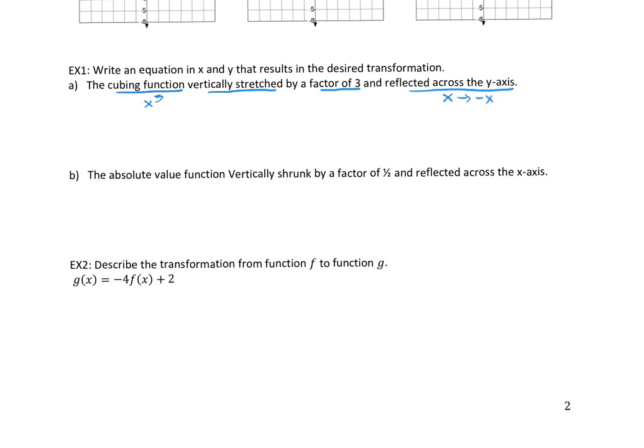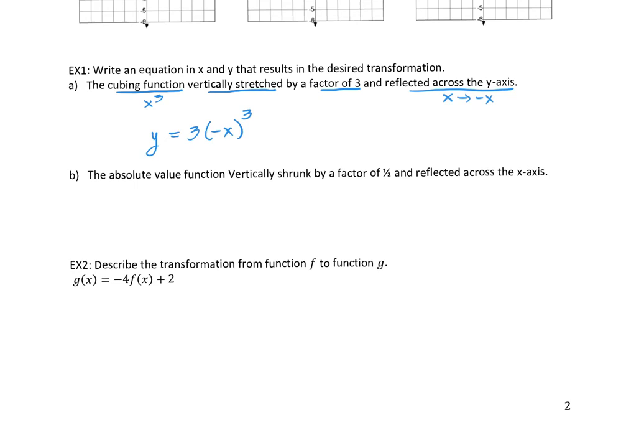So you're changing the x's. Cubing function is x to the third. We're going to stretch it vertically, so that's outside of the function. But we're also going to reflect and change our x. So that's what the equation would look like.